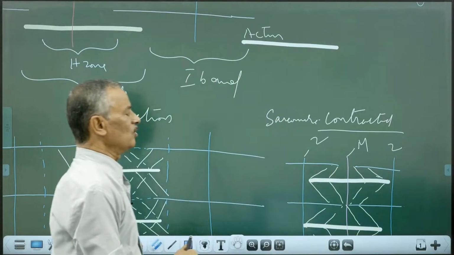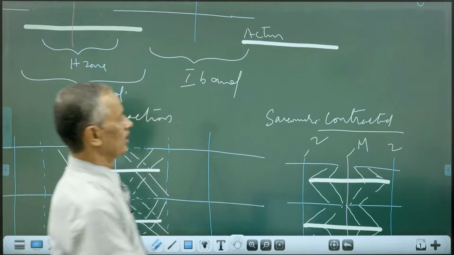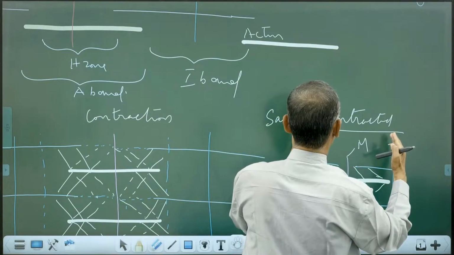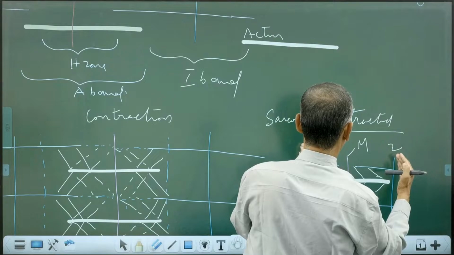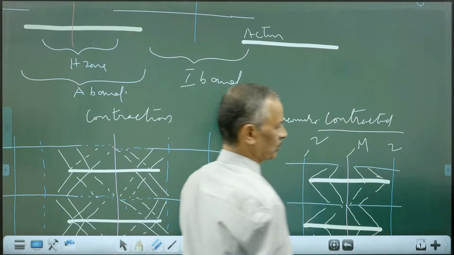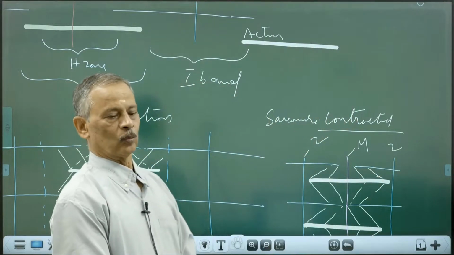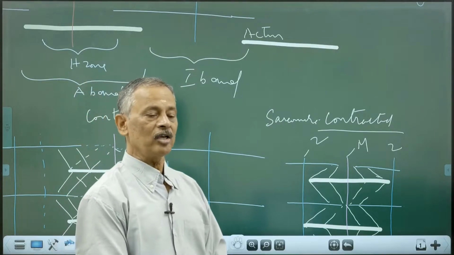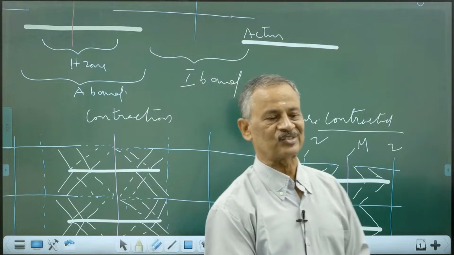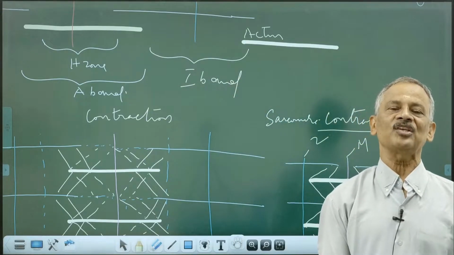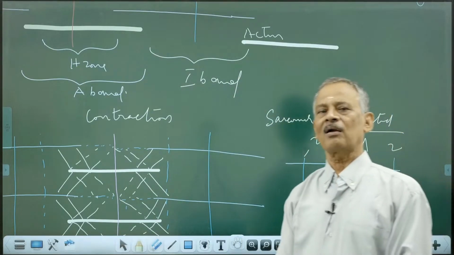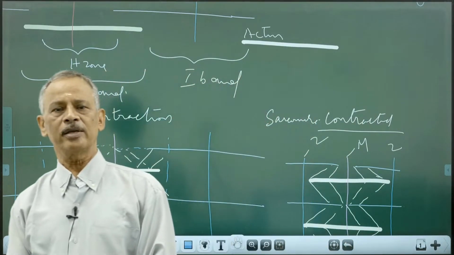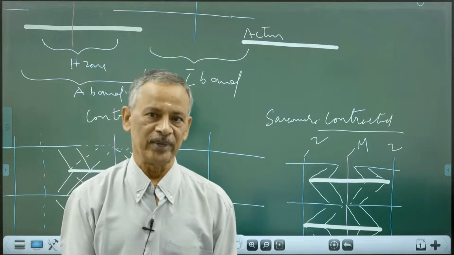When the thin filaments are pulled, since thin filaments are connected to the Z line, the Z lines come closer and closer. So during a contraction, it is that part between the two adjacent Z lines that is acting as a unit of contraction. And that unit of contraction is called sarcomere.